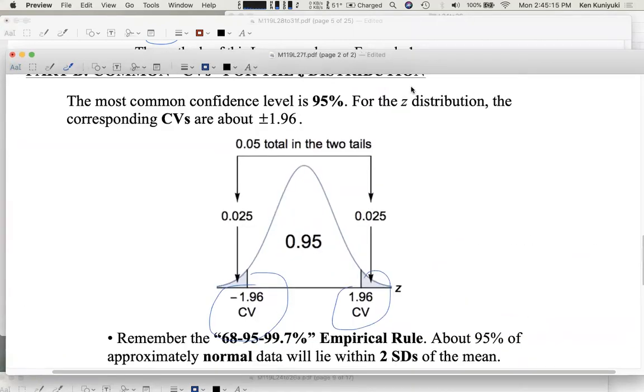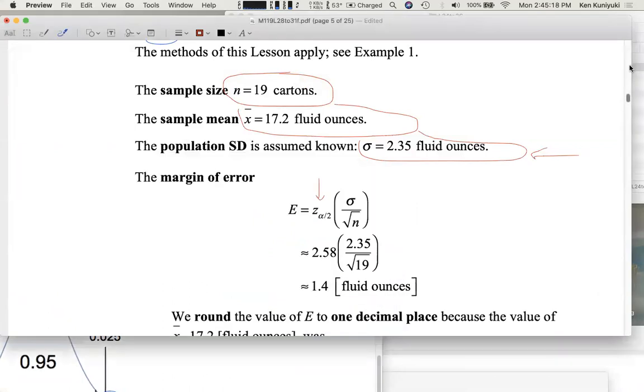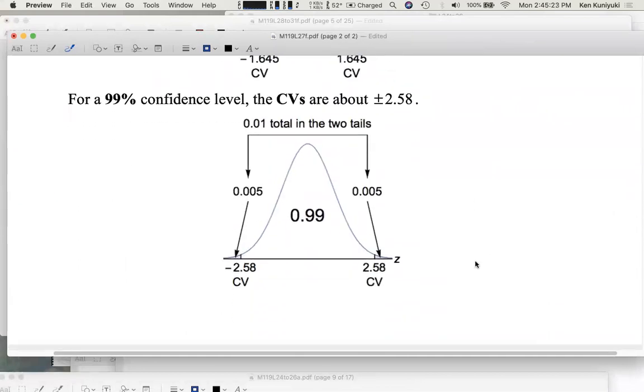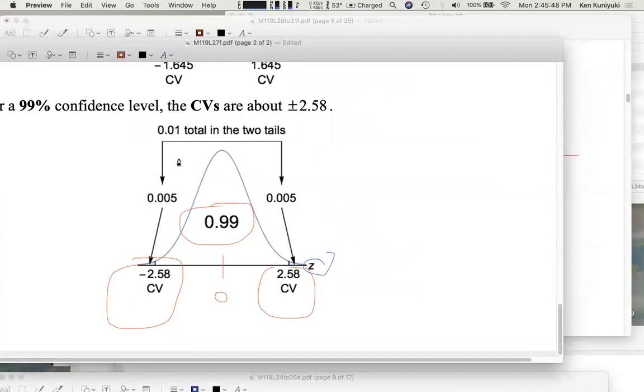Now, the hints I gave in the homework are consistent with these comments. If you're doing a 99% confidence interval and the Z distribution is involved, then you're going to want these critical values, positive 2.58 and negative 2.58. They'll be opposites, symmetric about 0. That will always be the case if we're constructing a 99% confidence interval using the Z distribution, and we're dealing with these two tails here.